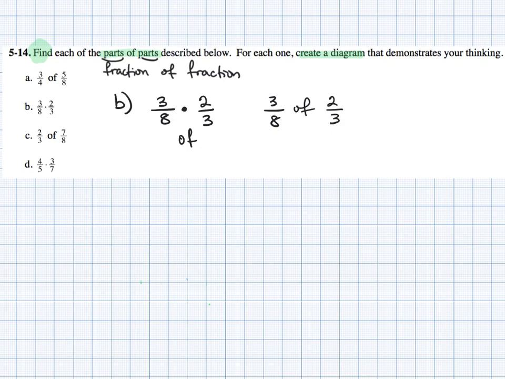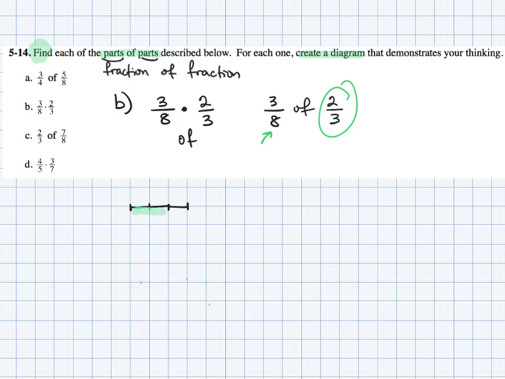So when we're starting our diagram, we want to start with 2/3. However, we want to make 2/3 large enough so later it can be divided into 8 equal pieces. So if I start with 2/3, there's 1, there's 2, there's 3. And when I'm shading, I'll be shading 2/3 like that.